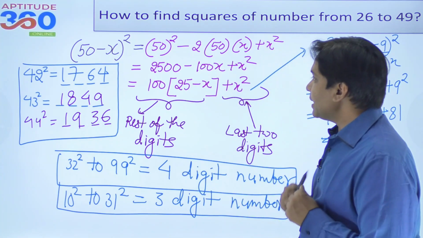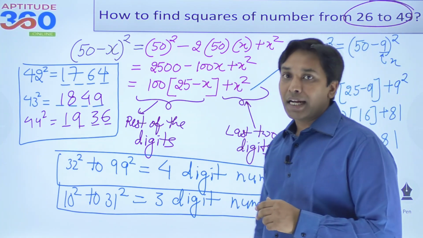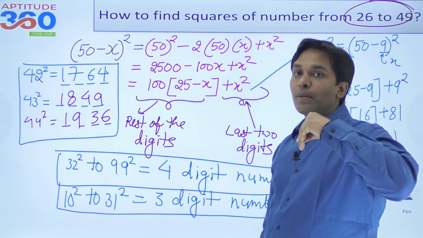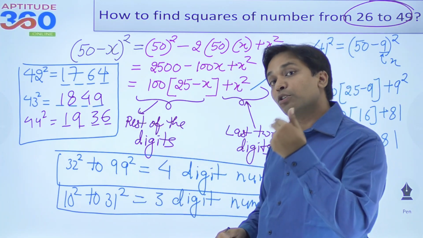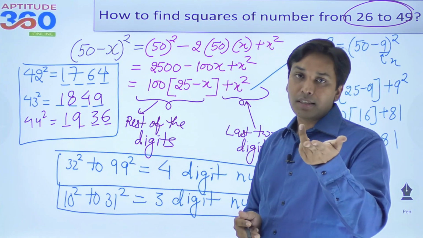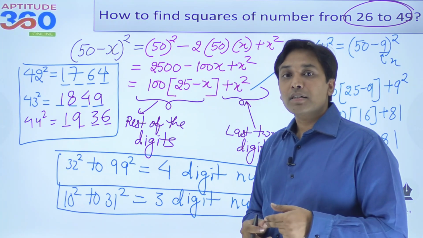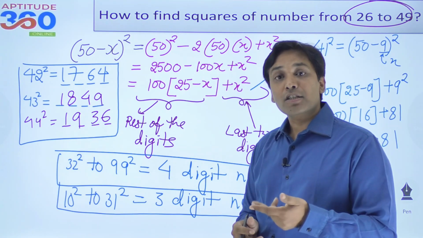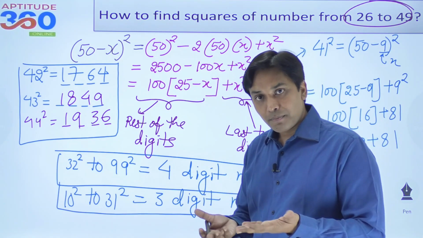Any number less than 32, say 31, 31 square is 961, 30 square is 900, 27 square is 729, 26 square is 676. So all these numbers are 3-digit numbers, as simple as that.